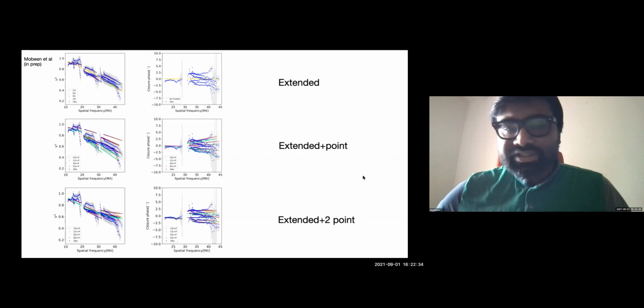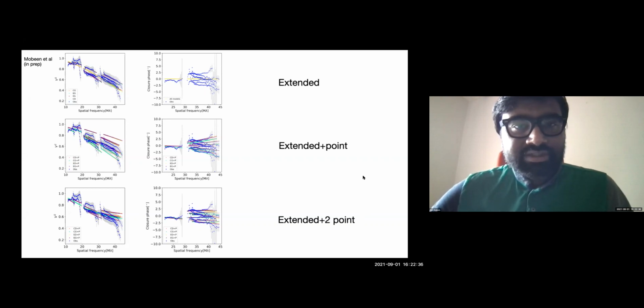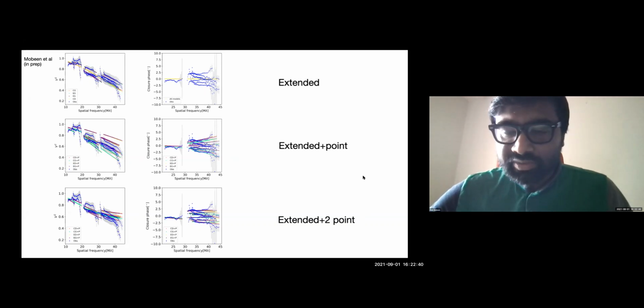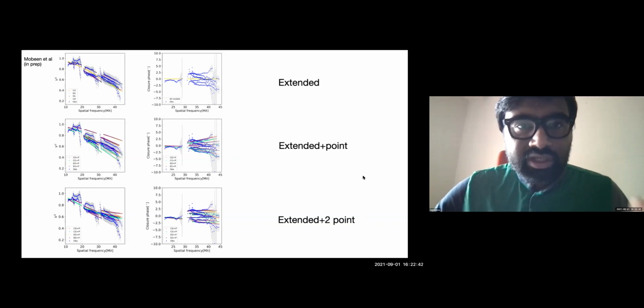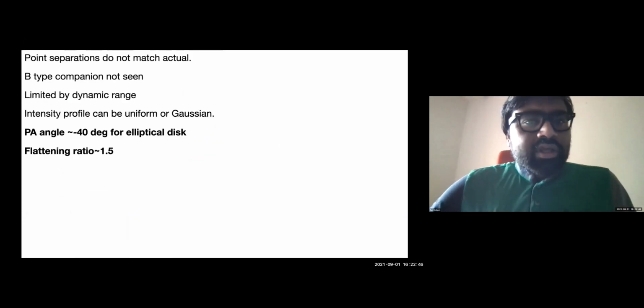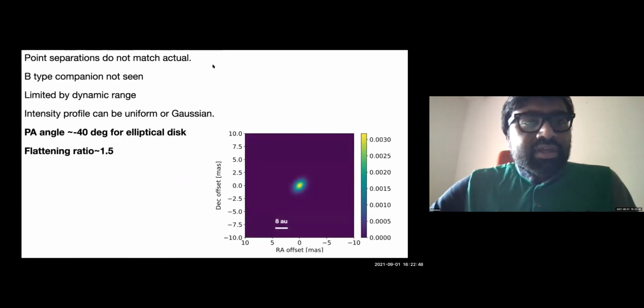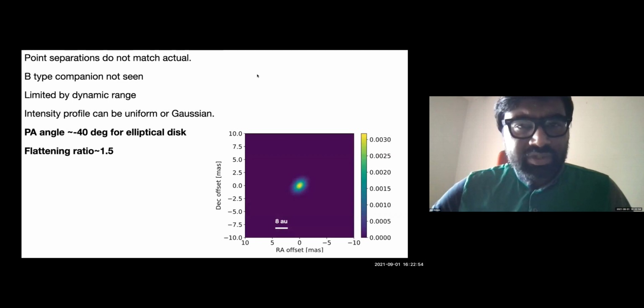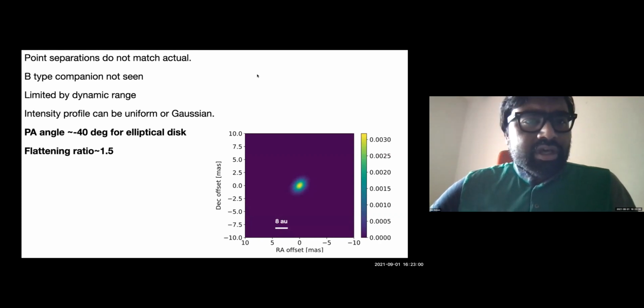So if you recall, the central object is in a binary system. And so we were interested in seeing whether or not the B-type companion shows up in the L band, in the mid-IR. What we found was that the separations of the point sources are actually much smaller than the actual separation between the central star and the B-type companion.